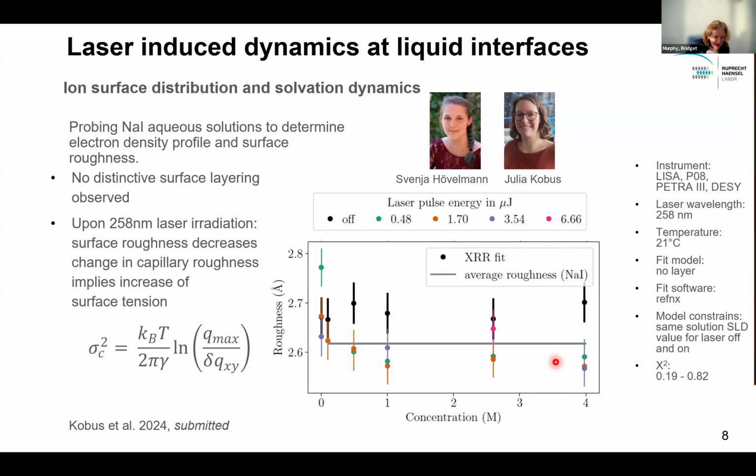So this is not what you would expect classically, because with the laser we would expect to increase the temperature, or even if we are causing some kind of depletion, then the roughness should increase. But actually, the roughness is decreasing, and so this is saying that the surface tension is increasing.